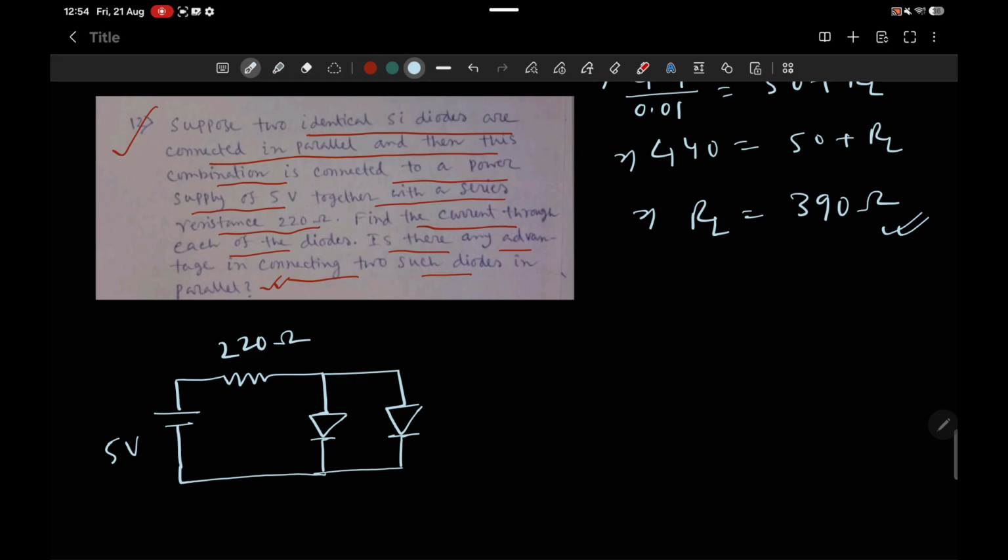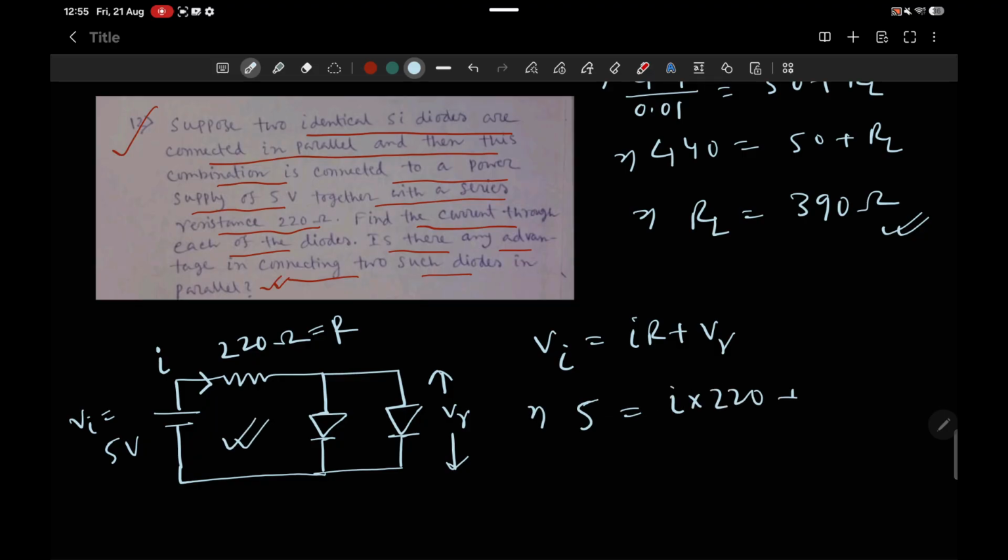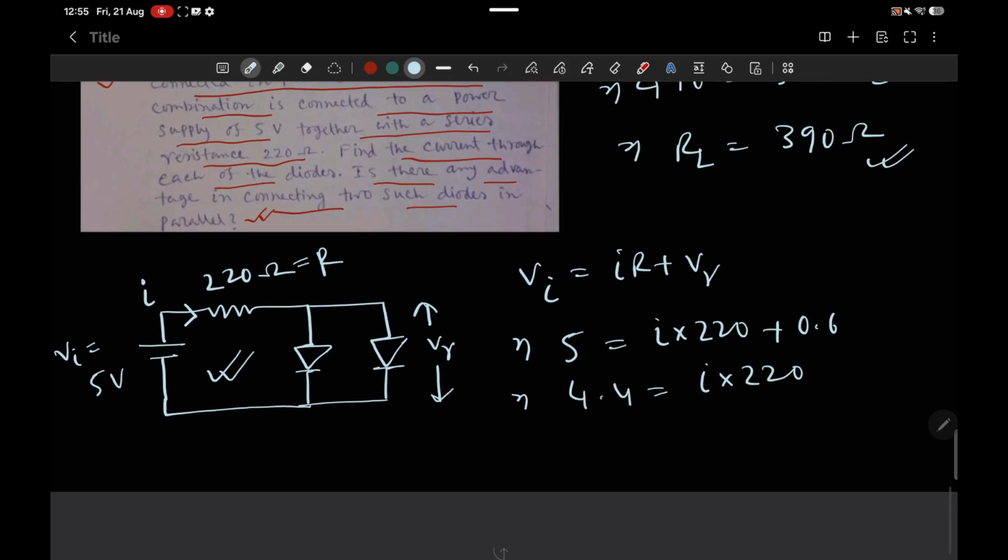So the cut-in will be V gamma across them. This voltage is V gamma across the diode. So we can find the current I. So this is VI, so VI will be IR plus V gamma for this loop. So 5 is I into 220 plus 0.6. So it will be 4.4 equals I into 220.